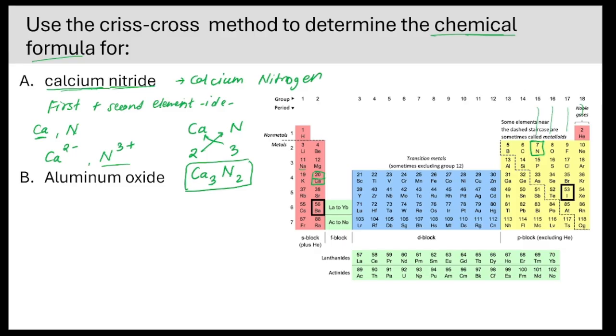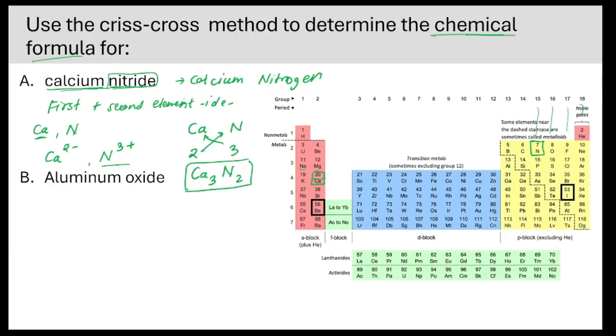And also remember, this name is nitride. If the name is different, it will be a completely different element, so you have to be careful how it is named.